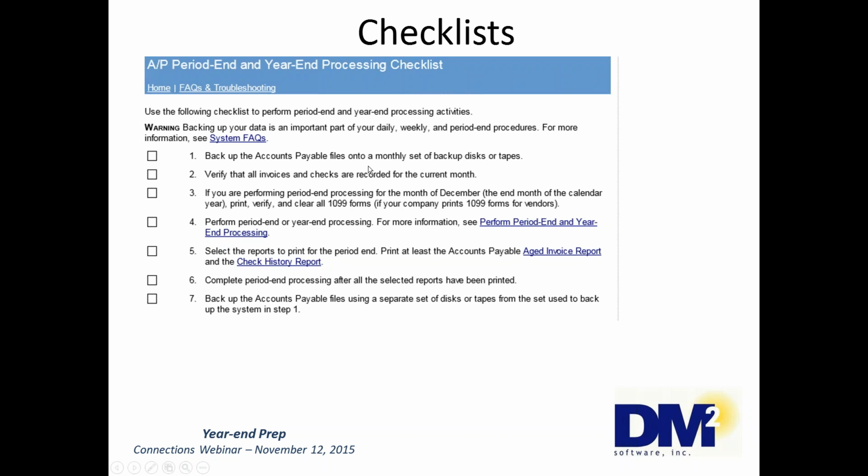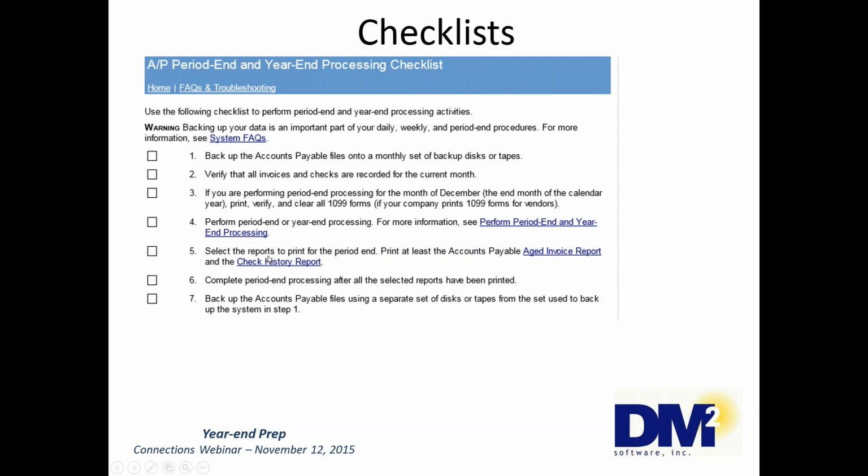So most importantly, you back up your AP file. This is the AP year-end processing, period-end and year-end processing, and then it just walks you through. It verifies that all invoices and checks are reported for the month. Of course, you're going to have that on your checklist, and that's going to be one of the things that you send out to your people on your team that represent a department.